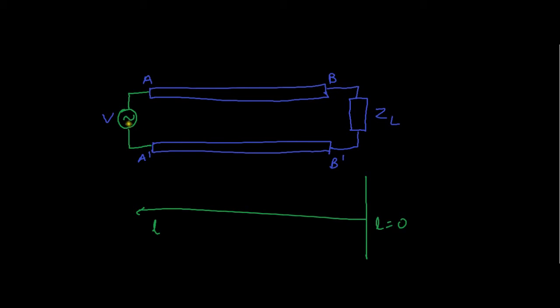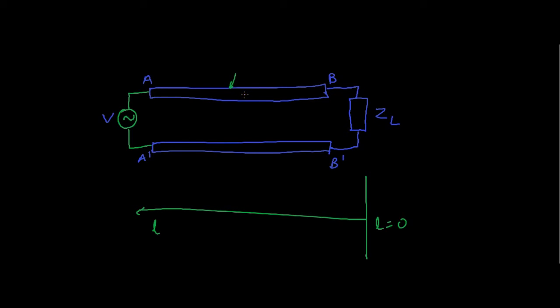As you can see, there is a generator connected at the left, and this is the transmission line. This generator is sending a signal through this transmission line to the load ZL. Here we are interested in finding the impedance at any point, say at this point.